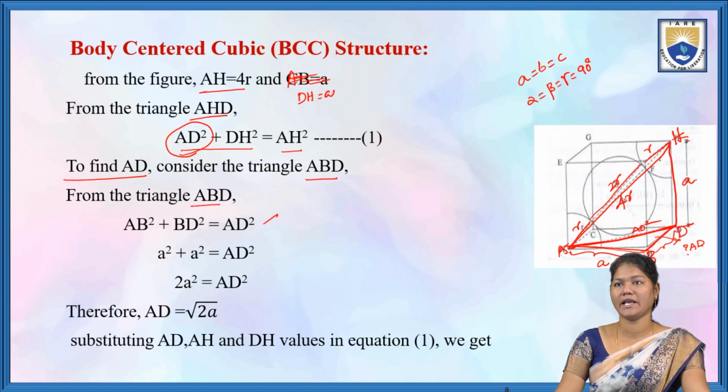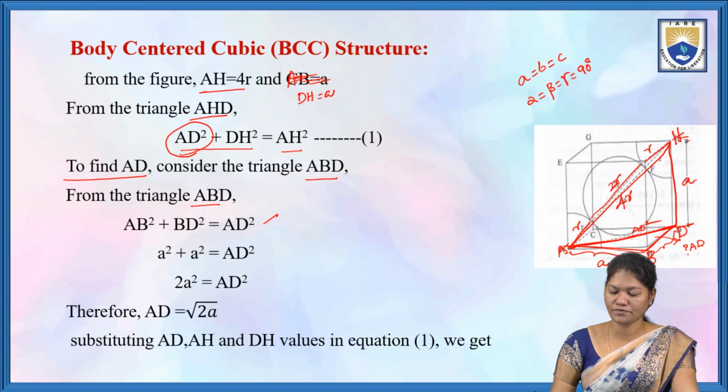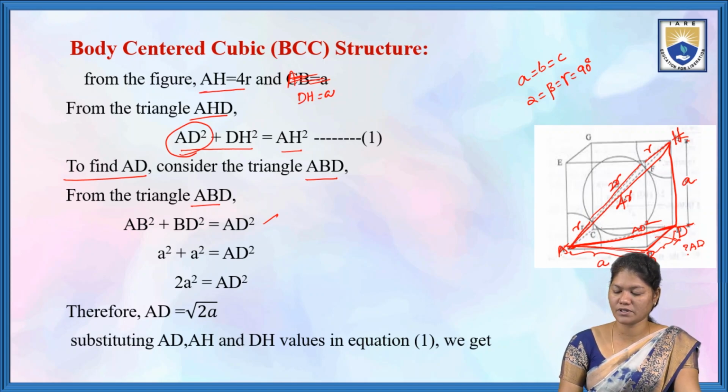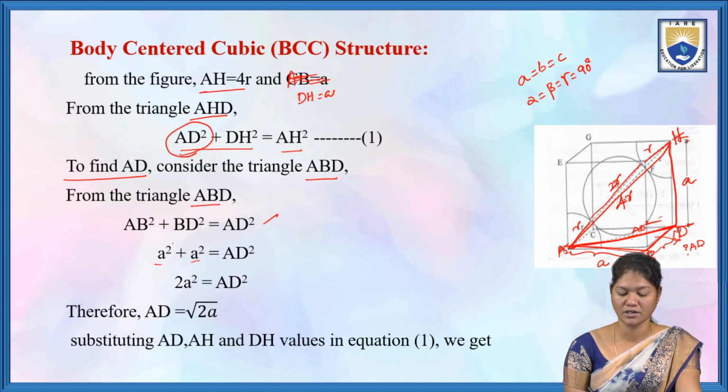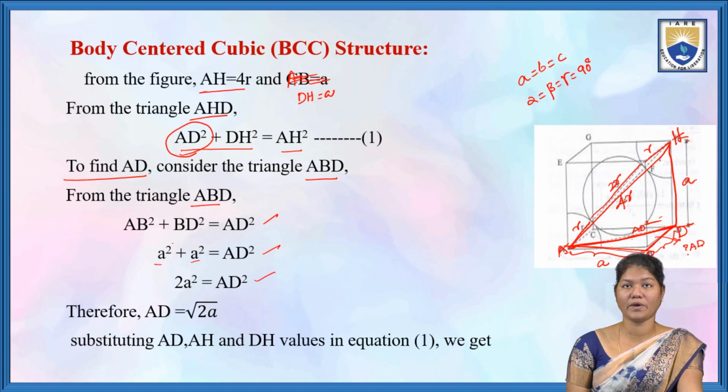From this, AD square is equal to AB square plus BD square. So AB is A, so AB square, BD is also A square, is equal to AD square. So from this, 2A square is equal to AD square. Now AD is equal to root 2 A.